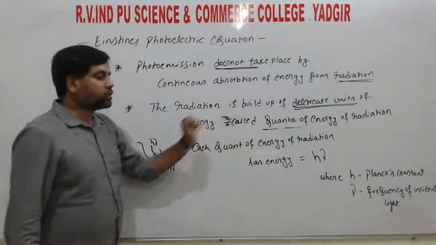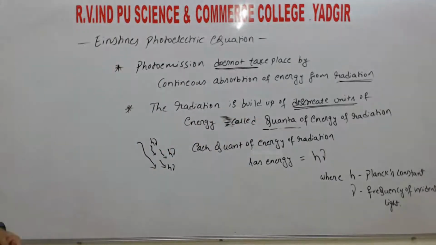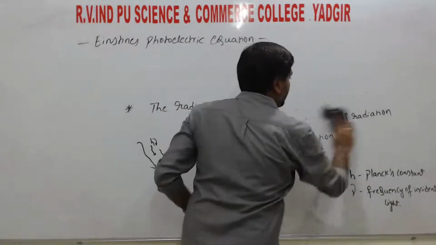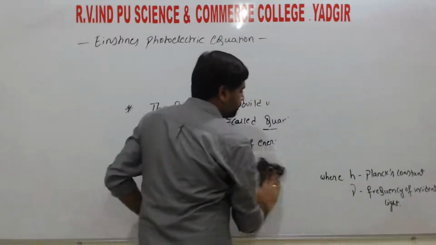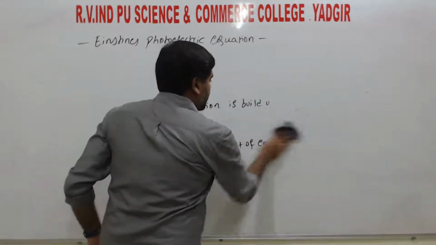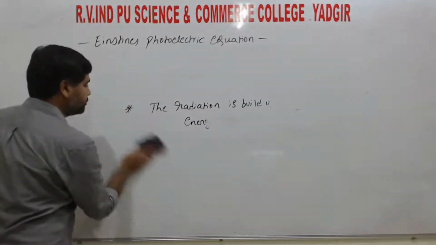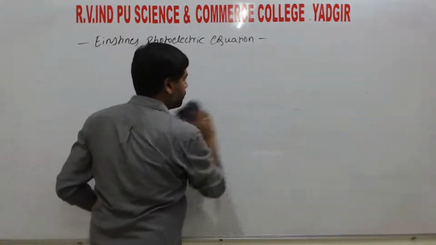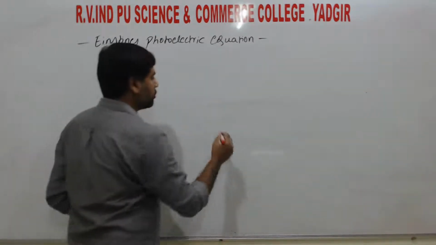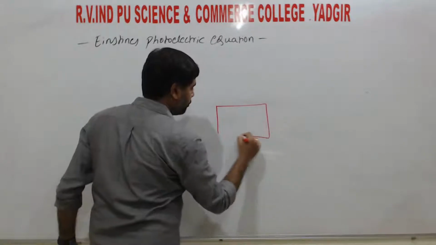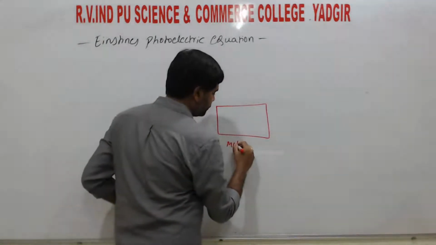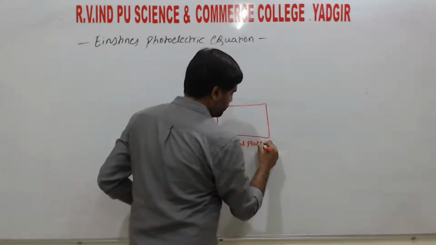Here h is the Planck's constant and nu is the frequency of the incident light. So by using this quanta of energy, Einstein explained the photoelectric effect. That is the theory of the photoelectric effect. So according to this theory, considering here one metal, this one is the metal plate, right?